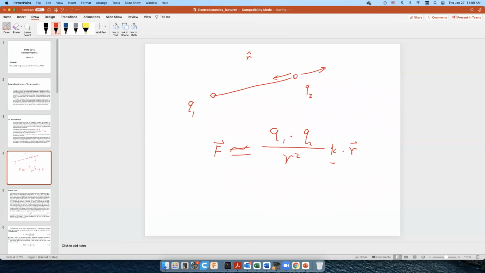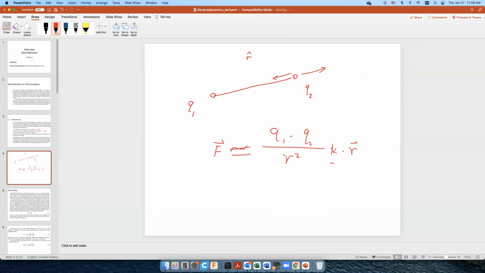K is a constant. It depends on the units you're using, and it also depends on the material between Q1 and Q2. For example, in vacuum, K is a bigger number, but if it's in, let's say, water or some other materials, K is a different constant.